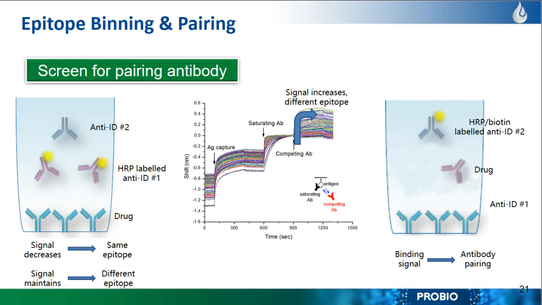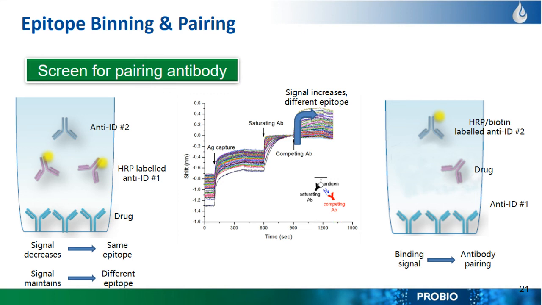In order to screen for antibody pairings for PK study, we will first perform epitope binding to identify the anti-ID monoclonal antibodies with different epitopes. Epitope binding can be achieved by ELISA or Biacore. In the ELISA format, every 2 different anti-ID monoclonal antibodies are incubated with coated drug for binding competition.